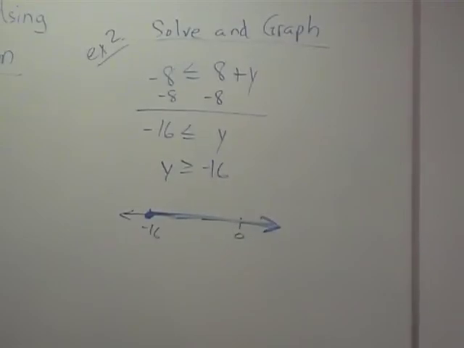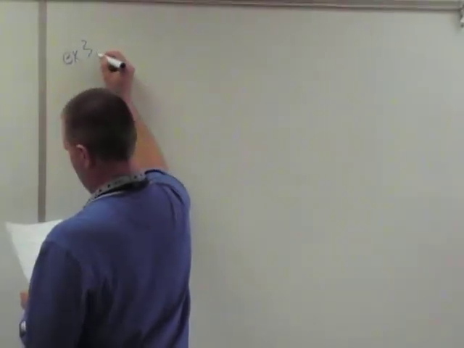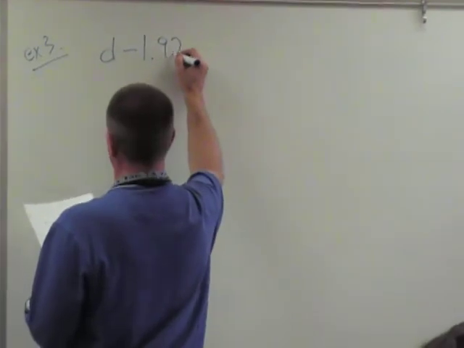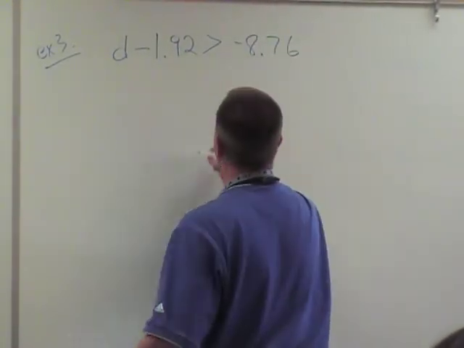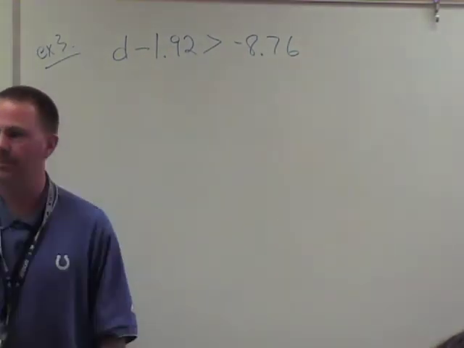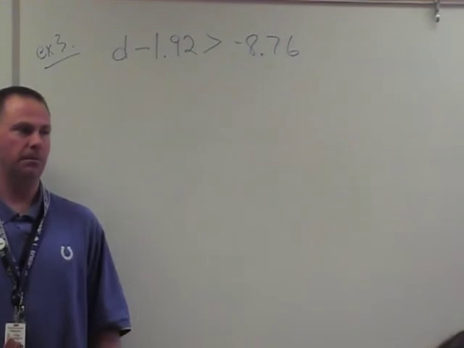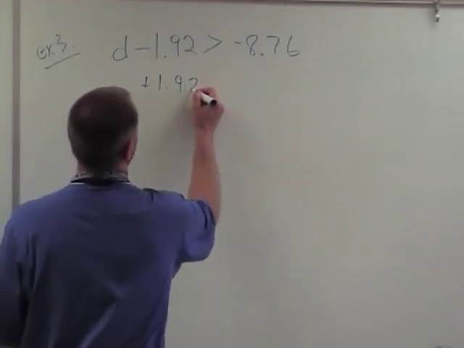Example 3. Negative 1.92 is greater than x minus 8.76. How do I solve? Kaylee, how do I solve it? Yep, add 1.92 to both sides.